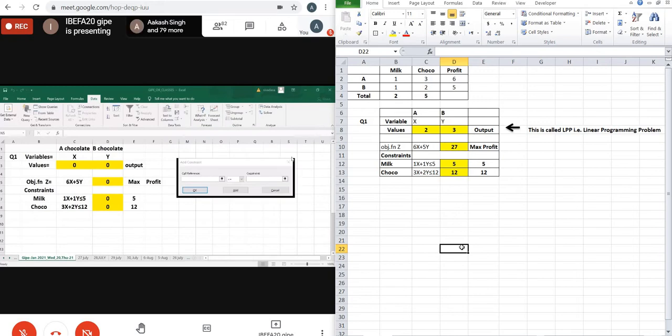And subject to the constraints, I will give one by one. First, milk constraint: D7 less than or equal to 5 units of milk. D8 less than or equal to 12 units of choco.